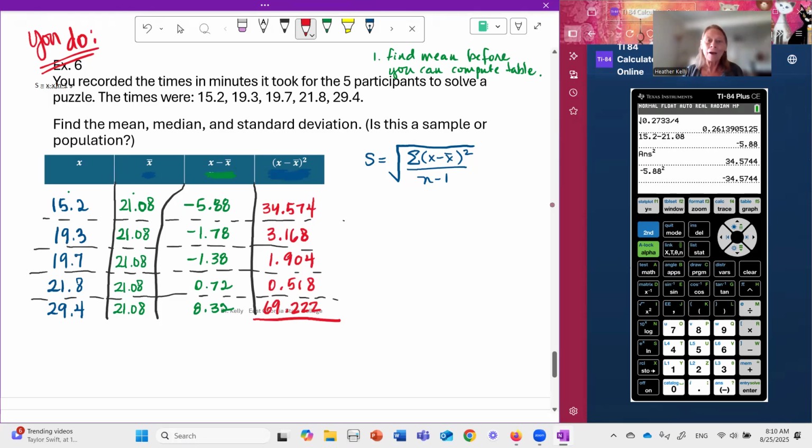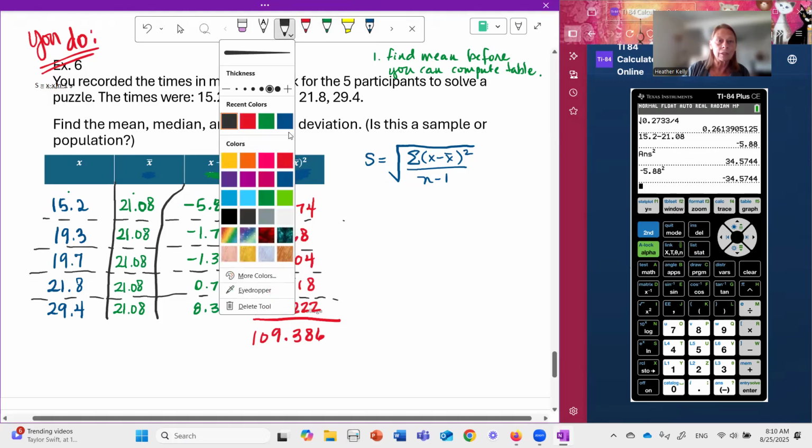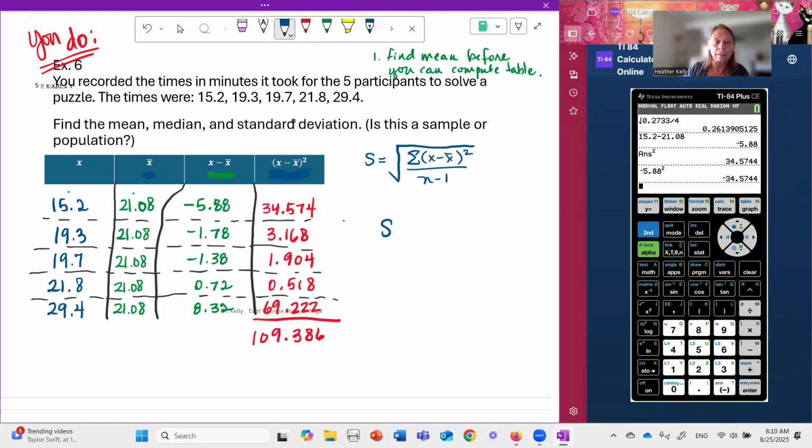Okay, now we're ready to sum this up. When I sum this up, it is 109.386 is the sum here. And now we're ready to jump in and do this standard deviation business. So S is equal to the square root of 109.386, right? That is this number that goes along with this symbol, and there's that number.